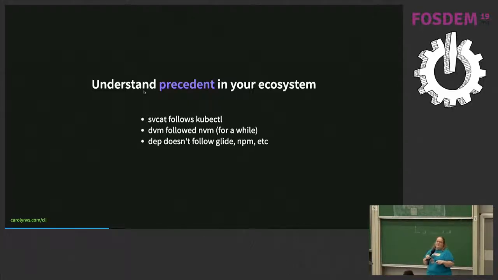So SVCAT looks very similar to kubectl for anything that's related to it. For example, SVCAT lets you list brokers. No one cares what brokers are, it doesn't matter. But the command is svcat get brokers, and it's guessable, it's predictable. Now I have a couple commands that look nothing like kubectl. I have svcat sync, and there's no noun after that.